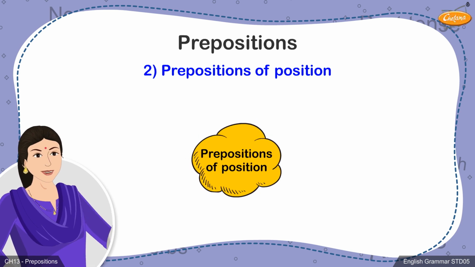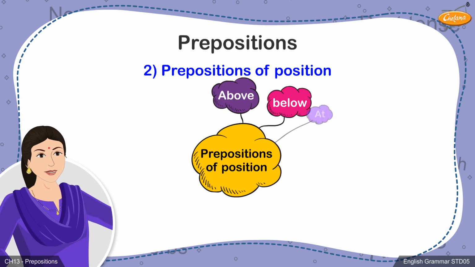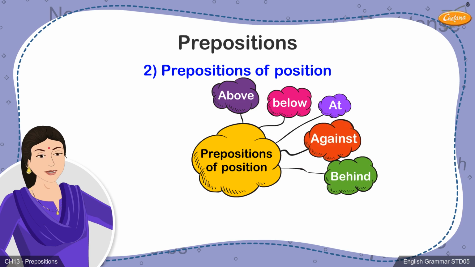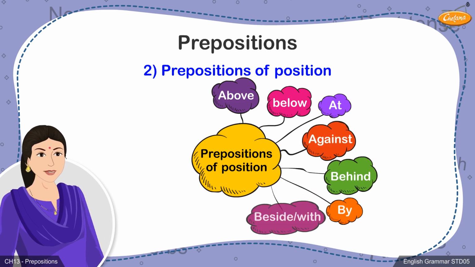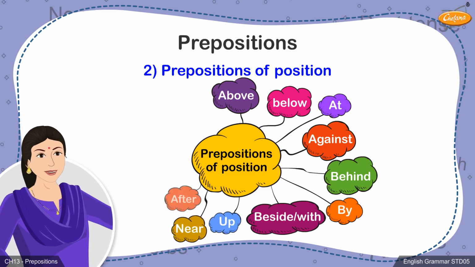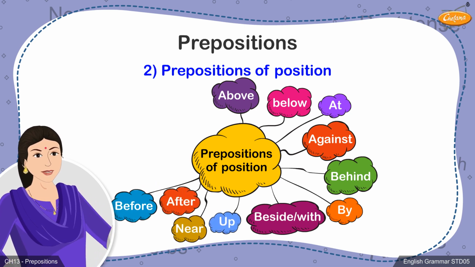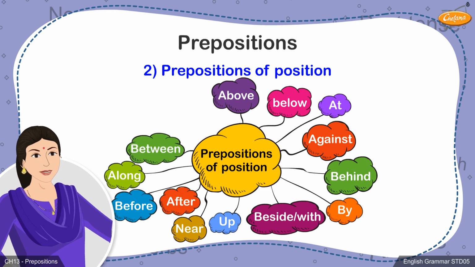Some of the common prepositions of position are above, below, at, behind, against, by, beside, with, up, near, after, before, along, between, around, on, in.